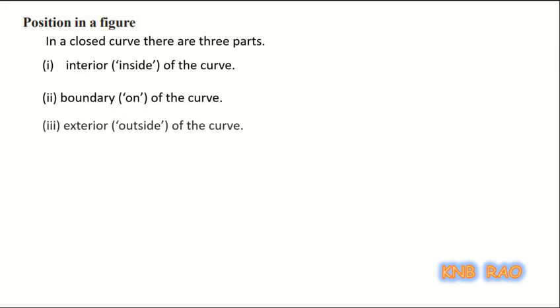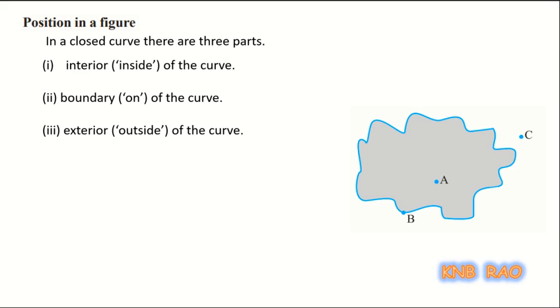Third, the exterior of the curve, which we generally call outside of the curve. For example, in this figure, you could see 3 points. Point A, it is interior. Point C, it is an exterior. And point B, which is on the boundary.